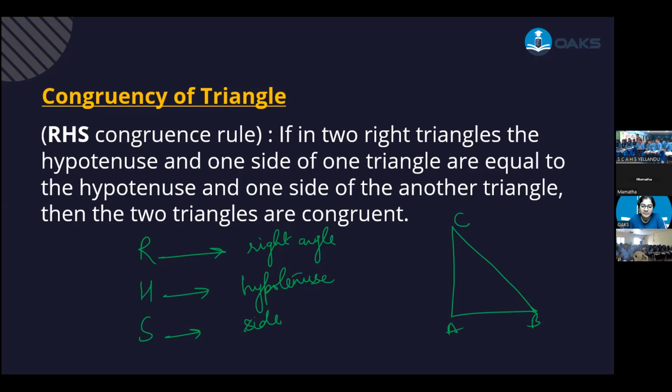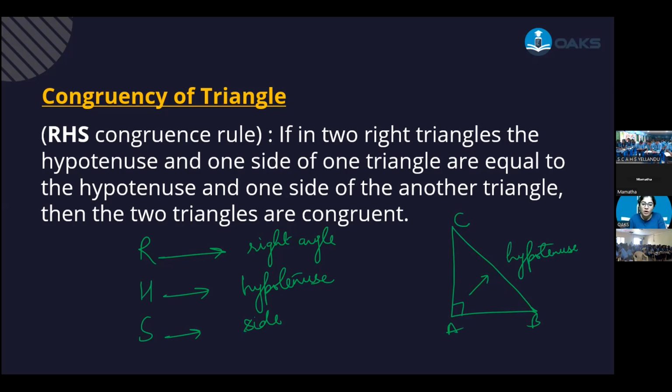BC, right? The side opposite to the right angle is the hypotenuse. Everybody agrees? So you have to figure out one right angle, one hypotenuse, and the remaining side, any side, right?